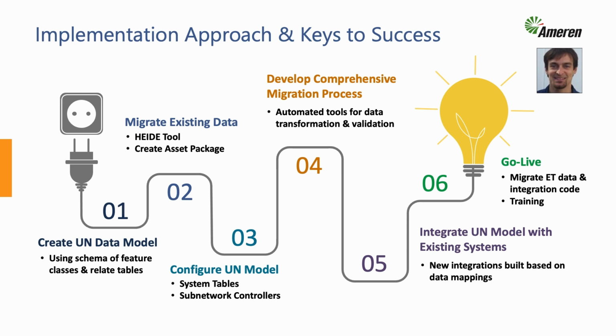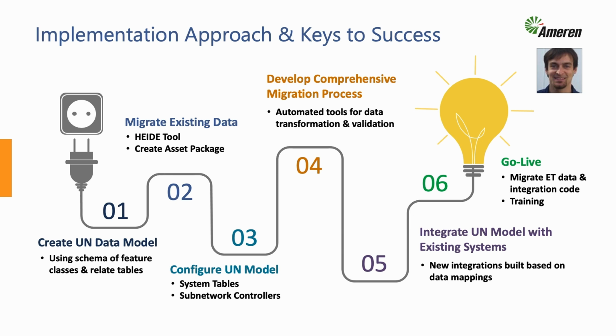And to do that, we make use of a custom tool that we call HIDE at UDC, which is really fundamental in the process. It allows us to combine the GIS source data with a utility network template to create an output asset package. And then along the way, our tool provides data validation as we're migrating the schema, attributes, domains, so that saves us time down the line, and we have to do a lot less rework when we're in the utility network.